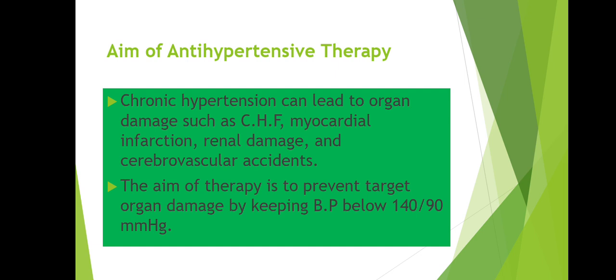So the aim of therapy is to prevent target organ damage by keeping the blood pressure below 140 over 90 millimeters of mercury. Above this blood pressure, it is going to lead to organ failure.